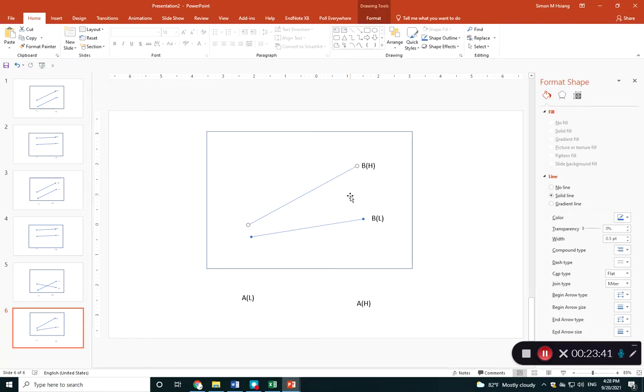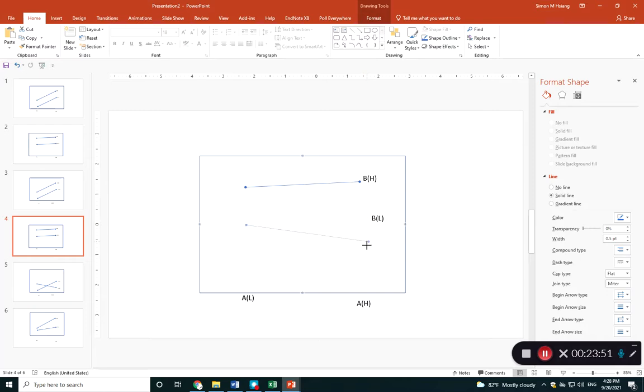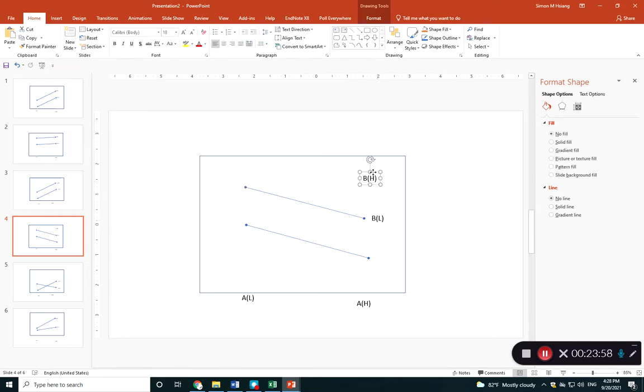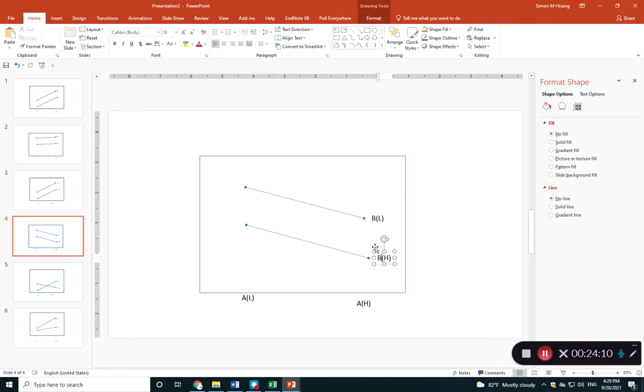Parallel. Whenever you see parallel, I don't care if it is this kind of parallel or this kind of parallel, even this kind of parallel. Here A is negative from A low to A high, and at B high or B low level, it doesn't really matter.